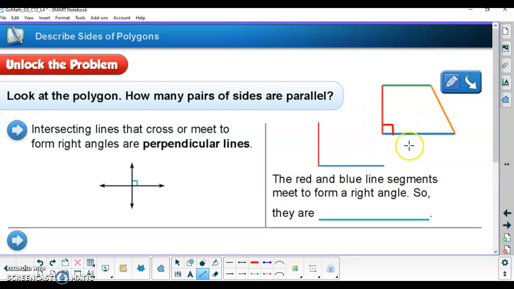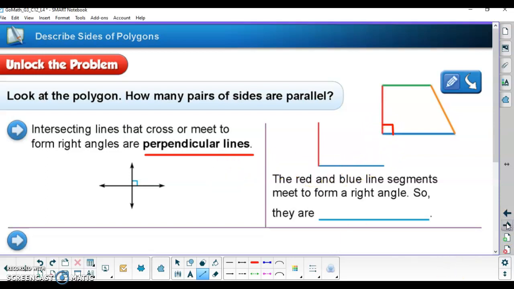So if we form that right angle, then they are intersecting lines, but they're also called perpendicular lines because they form that right angle. So we have intersecting lines, which means they cross each other at some point. Orange and blue lines meet together, but the red and blue lines form that right angle. So those are also perpendicular lines.